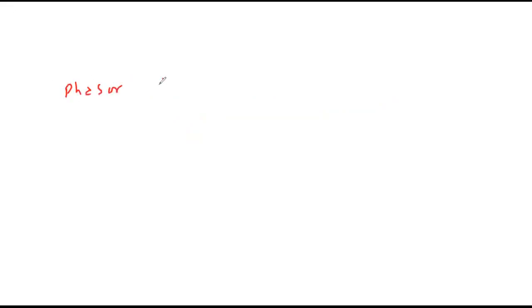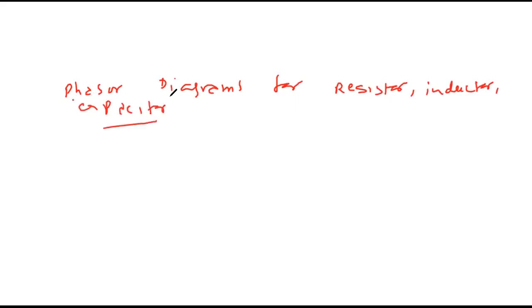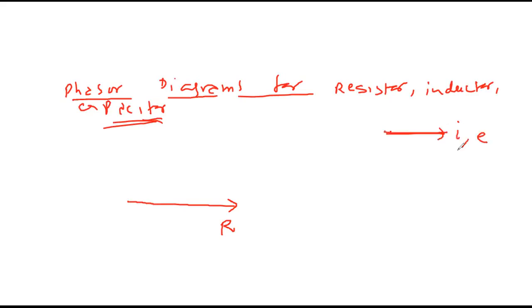Phasor diagrams for resistor, inductor, capacitor. If we take resistance as reference, so I and E in resistor are in the same line.